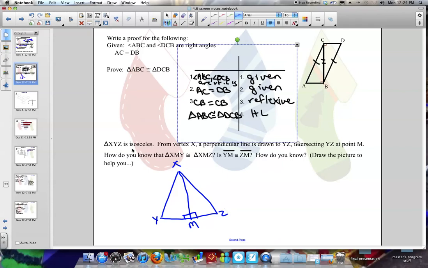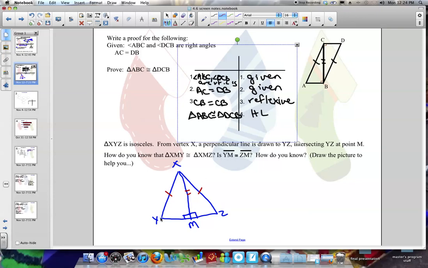In the first statement, it says that XYZ is isosceles and that X is the vertex angle. So we know that XY and XZ are congruent to each other because of the definition of isosceles triangle. We can also use the reflexive property to say that XM is equal to itself. So because of the HL theorem, these two triangles are going to be congruent to each other.